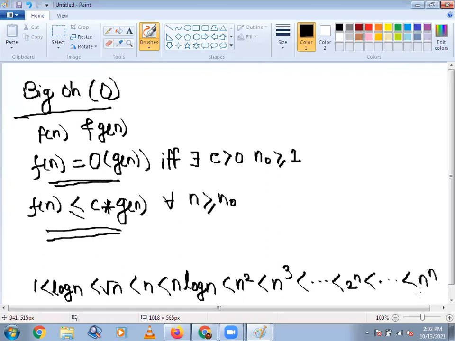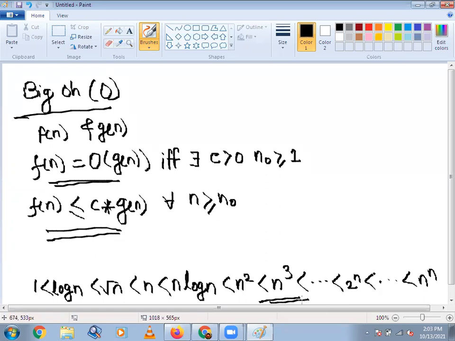This general equation is applicable when n is large, that is greater than 10 or 11. It is applicable for large values. For small values, it is not possible. So big OH acts as upper bound.